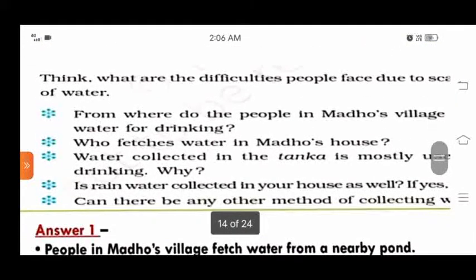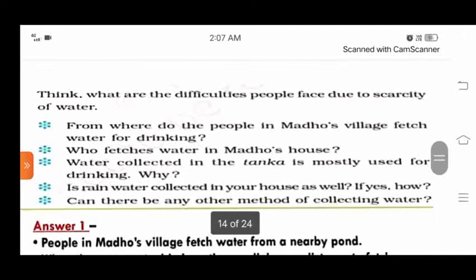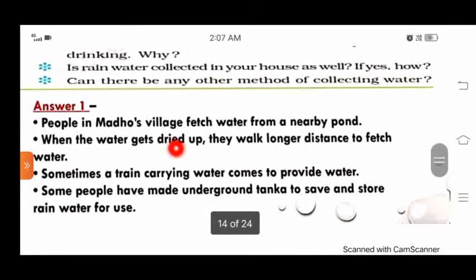Now some question answers are there. Think, what are the difficulties people face due to scarcity of water? This is question number 1. From where do the people in Madho's village fetch water for drinking? So this is answer number 1. People in Madho's village fetch water from a nearby pond.